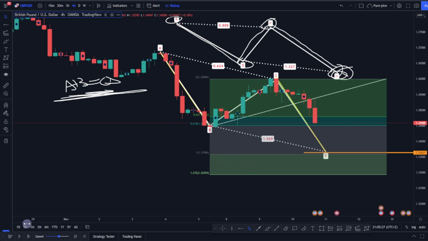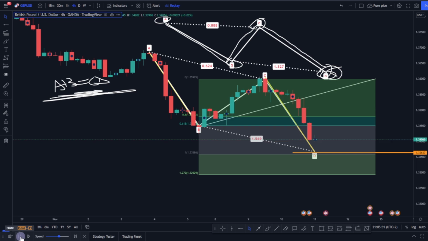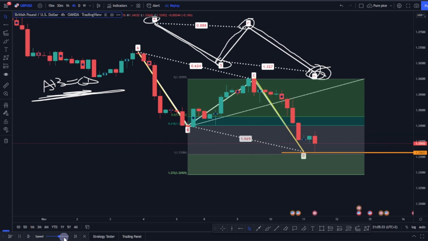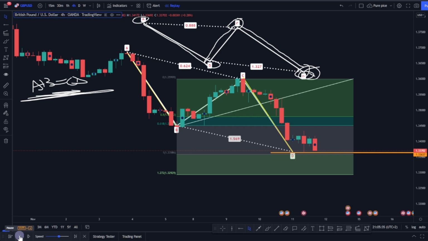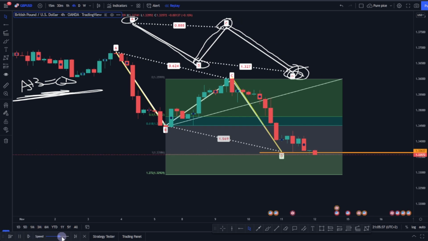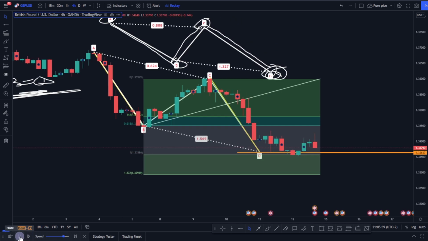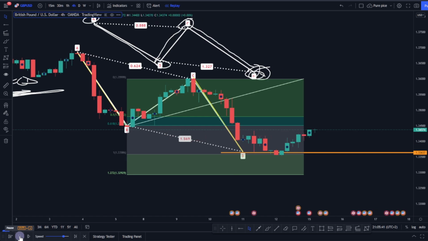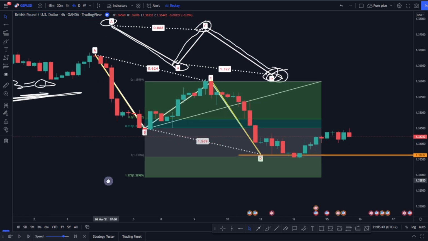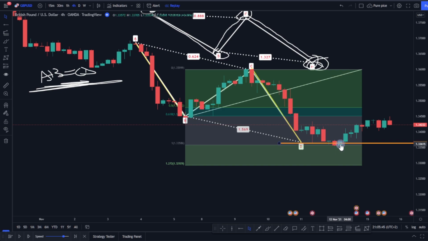So then if I can just play the price like that, just wait for it. Maybe let me speed it up a bit. Just pause it there. So you can see that indeed price bounced or reversed on this level here, which was pointed to by the D point or the Fibonacci extension.